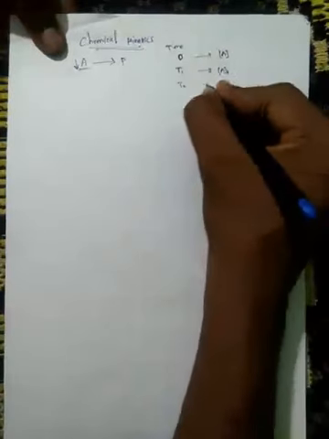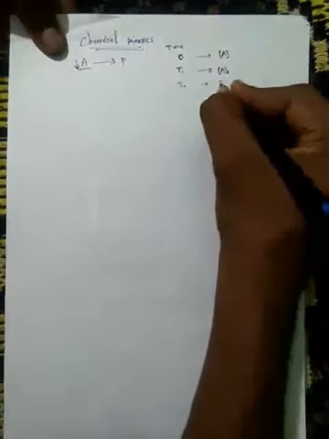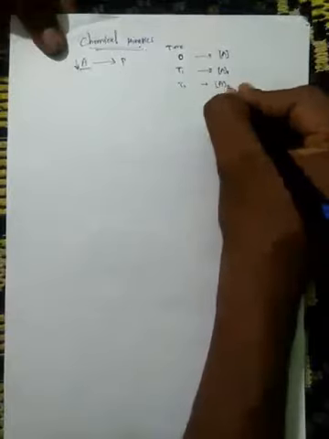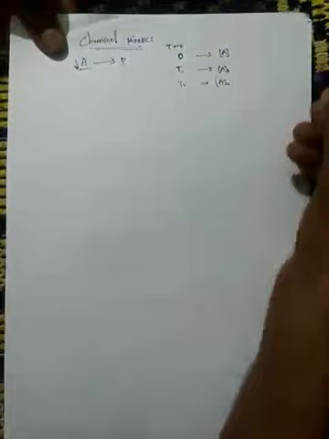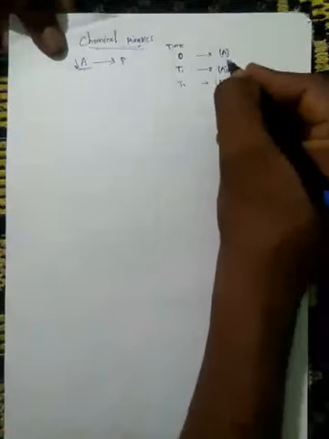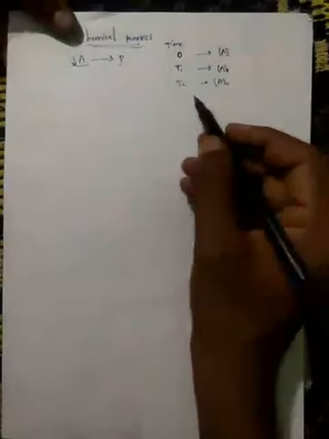At time T1, the concentration is, let me say, A1, and at time T2, concentration A2, and so on. So at various time intervals, I am measuring the concentration of reactant, or you can also measure the concentration of product, whichever it is.